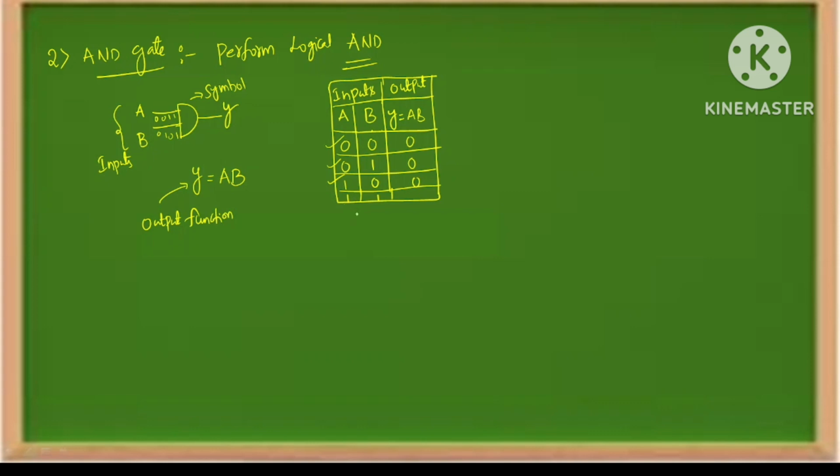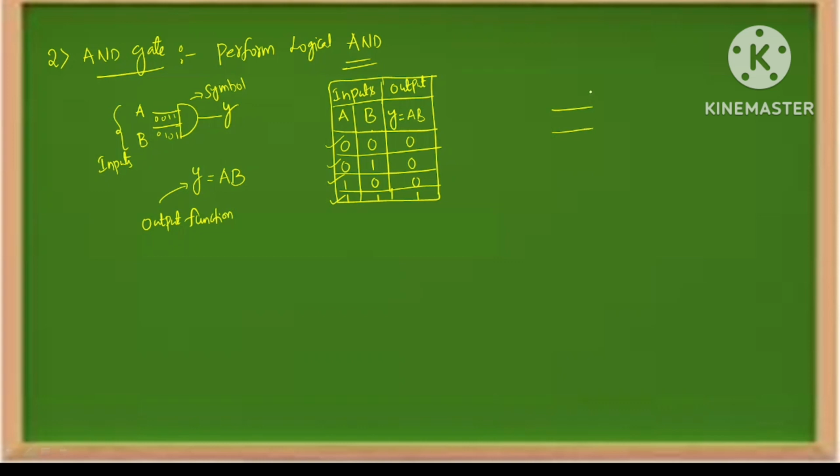For the last combination both inputs are high, so the output of the AND gate is also high. We can observe from this truth table that if any one of the inputs applied to the AND gate is 0, the output is 0.